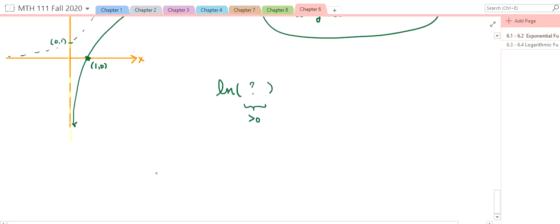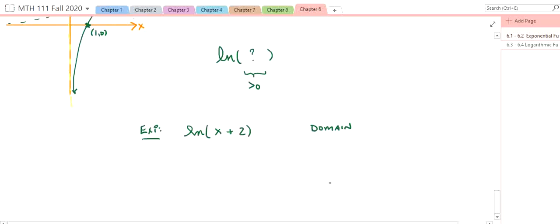So let's say you have maybe natural log of x plus 2 as your function. Then your domain, the x values that are allowed, means that, again, this argument has to be greater than 0.